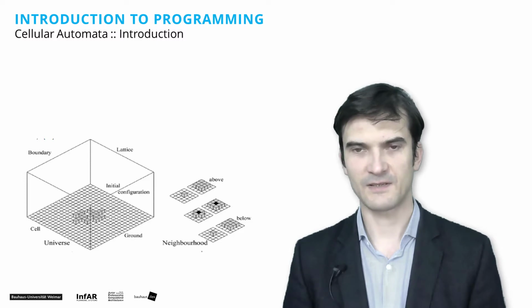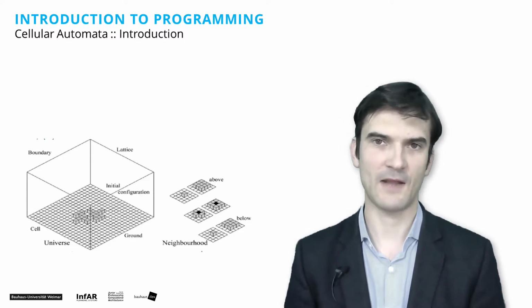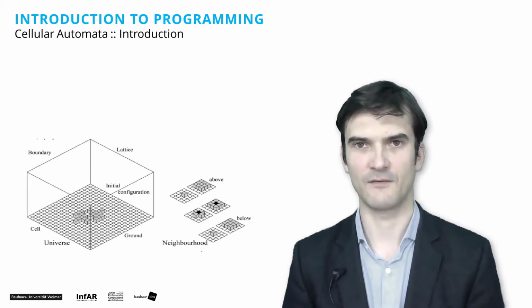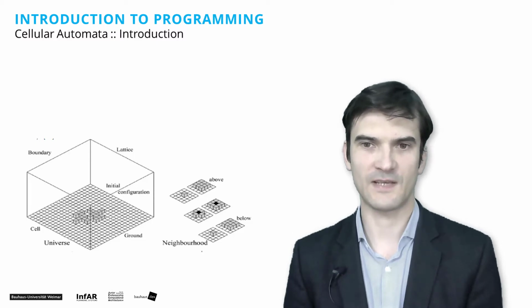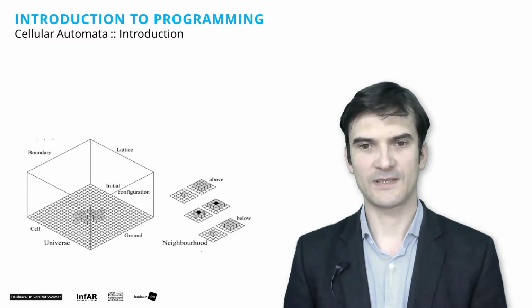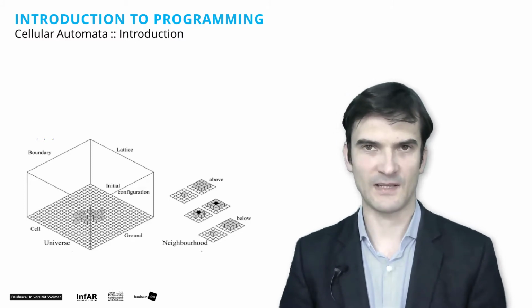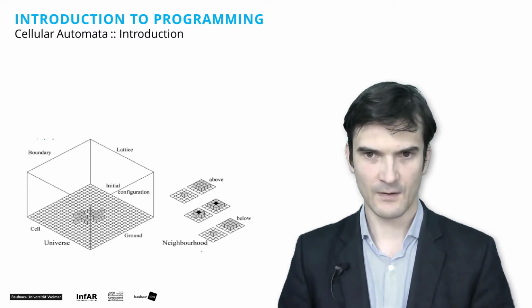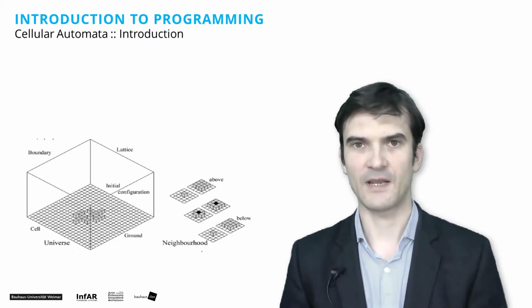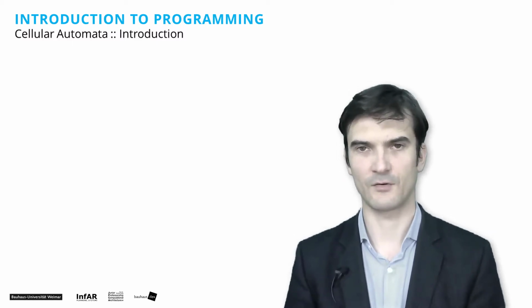In the simplest case, this is either 0 or 1, or on or off, or dead or alive. So these are different ideas of how we call the state of a cell. And a definition of which cell or cells are the neighbors of a cell that we consider. This can be the direct neighbors or a wider area, so we are completely free in this definition.